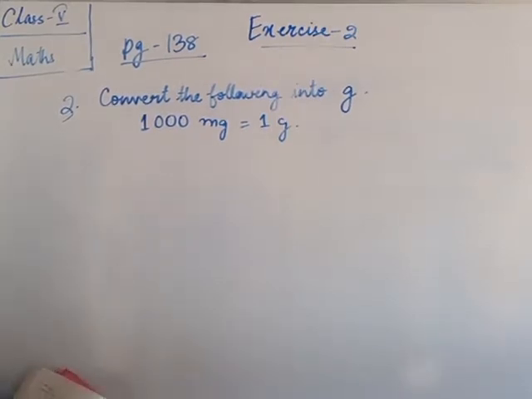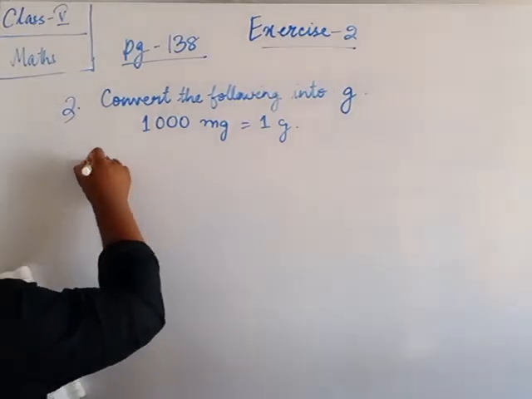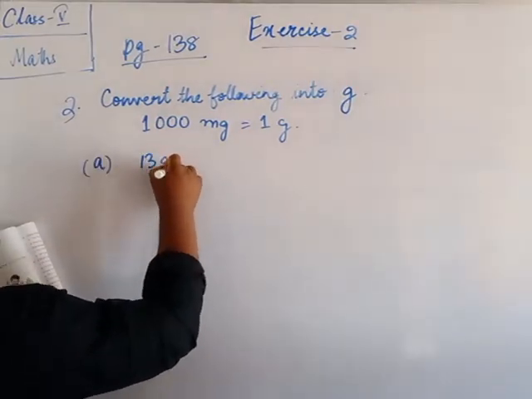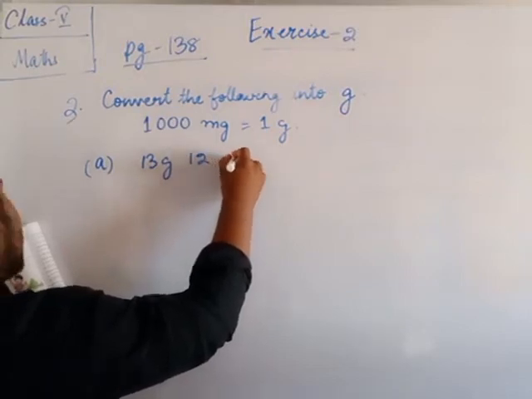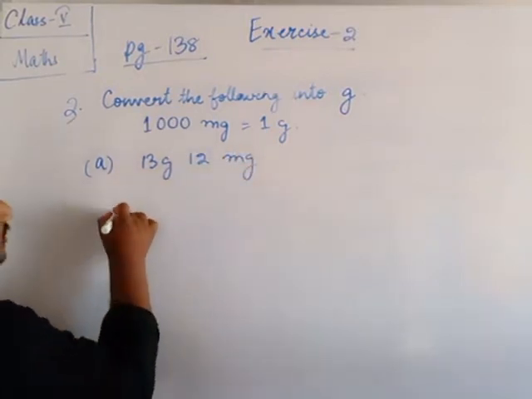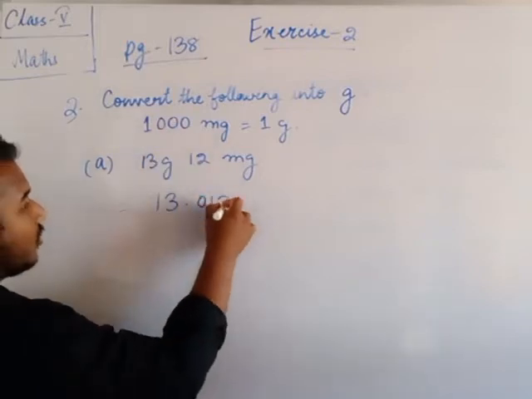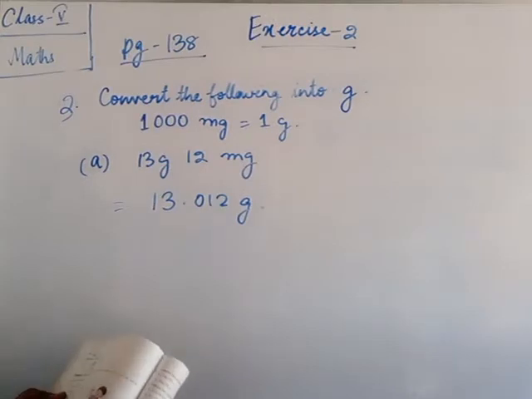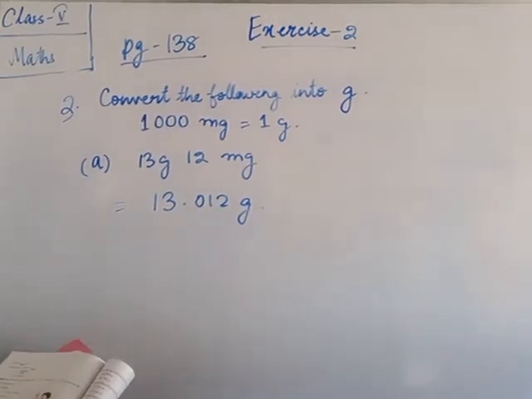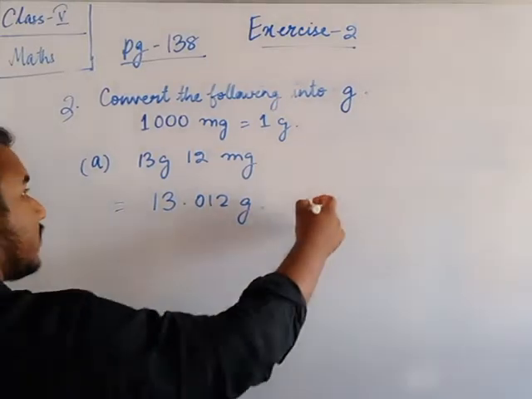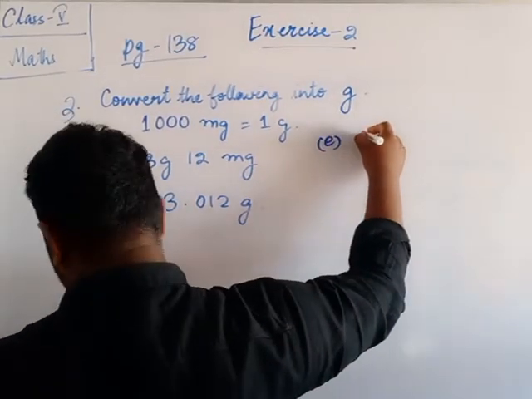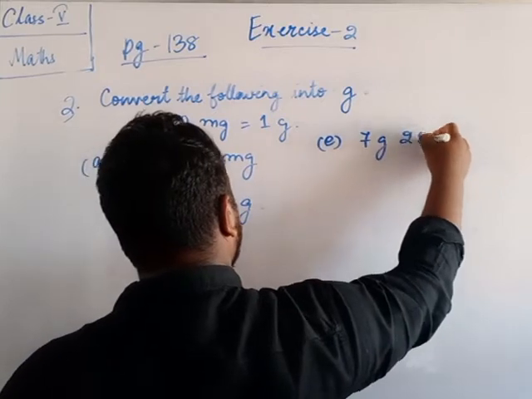First see question A, 13 gram 12 milligram. Here you will simply write 13 point, and how many zeros? 3 digits, so 13.012 gram. Simple. Look at question E, 7 gram 250 milligram.